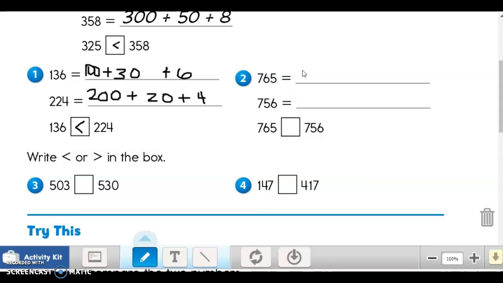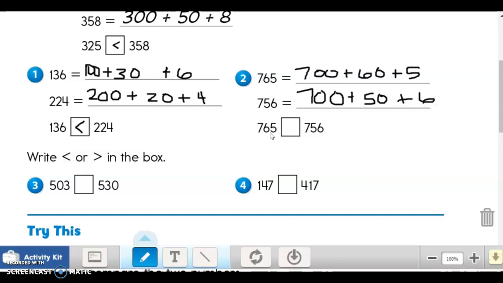765 in question 2. That would be 700 plus 6 tens, which is 60, plus 5. 756. Again, that's 700, so that's the same, but here in the tens place, there's only 5 tens, so that would be 50 plus 6.